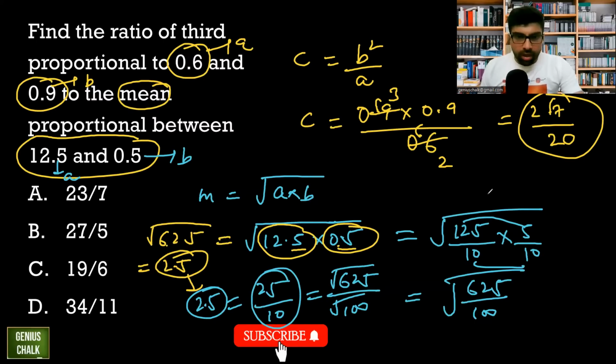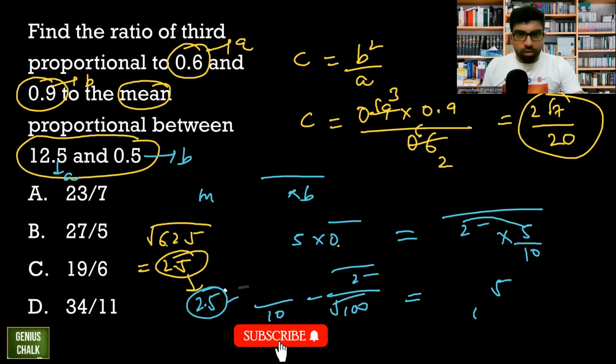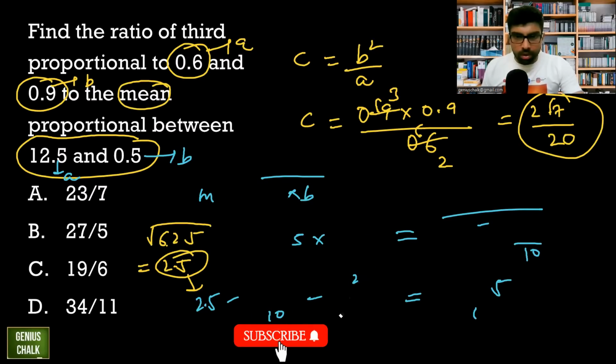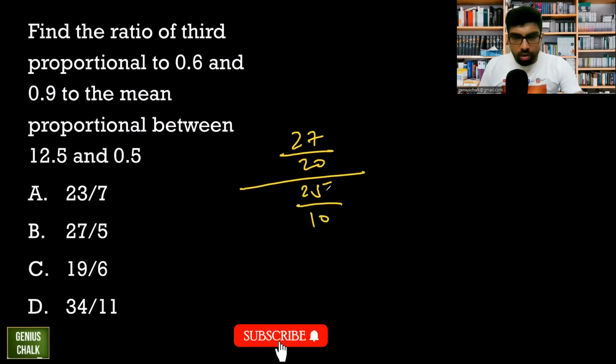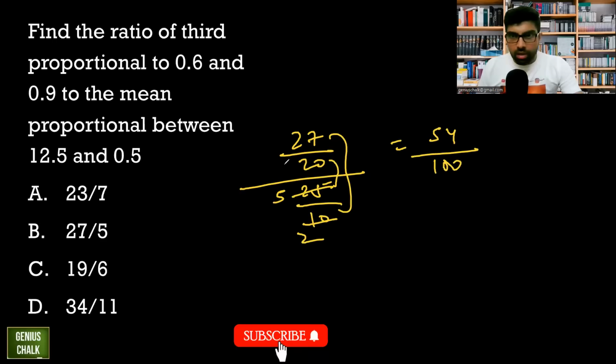So we have to divide now because it is asking the ratio. So the ratio of third proportional to this, so third proportional we have got 27 by 20. And what is the mean proportional? 2.5. So 25 by 10. So just multiply, get your answer. This can be further solved, like 5 5s are 5 2s are, and you can just multiply 27 2s are 54, 25s are 100.